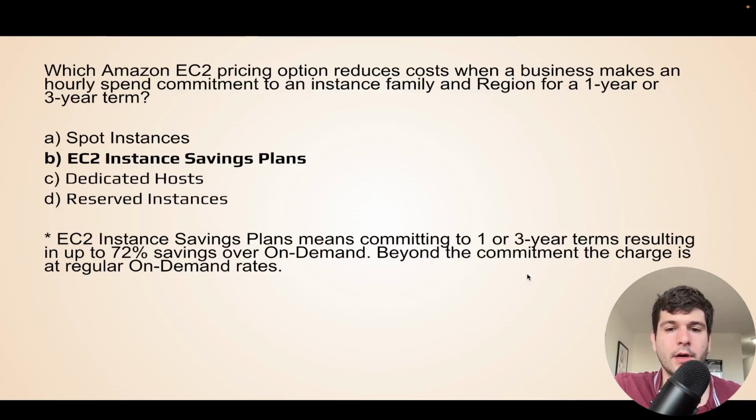So once you go beyond the hourly spend commitment, then you would be charged regular on-demand rates at that point. So correct answer is B. I do find it easy to mix up for this question in particular between B and D.